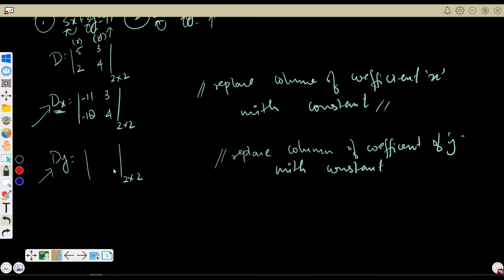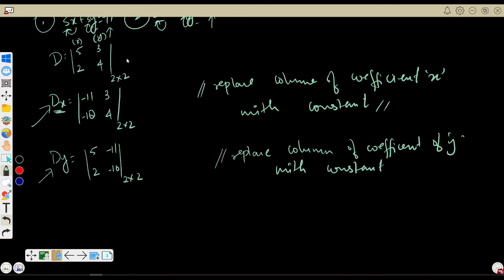So the second column, which is coefficient of y, will be replaced with the constant. So first constant is minus 11 and the second constant was minus 10. Now the first column will remain as it is, that is 5 and 2. I hope this is clear to you.